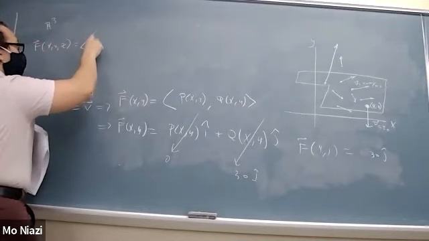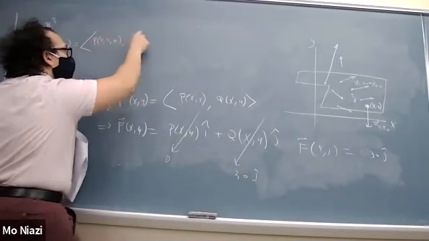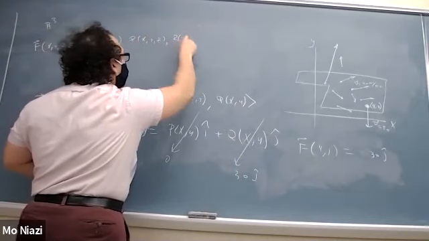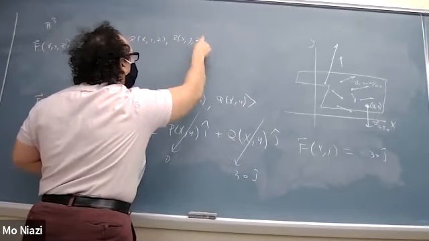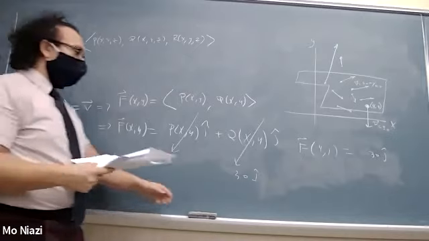It will just be like this, some P of x, y, z, right? So let's give an example here.